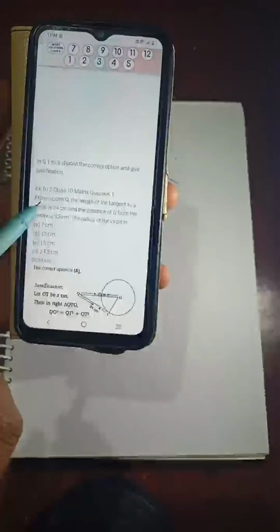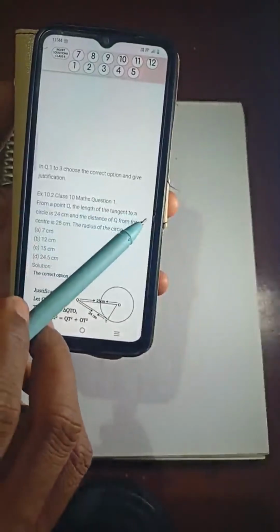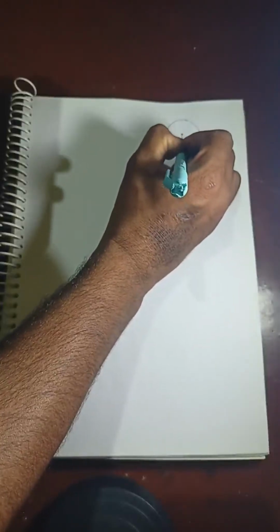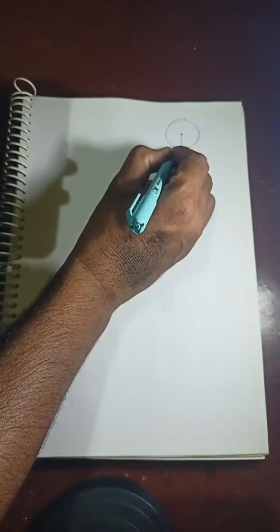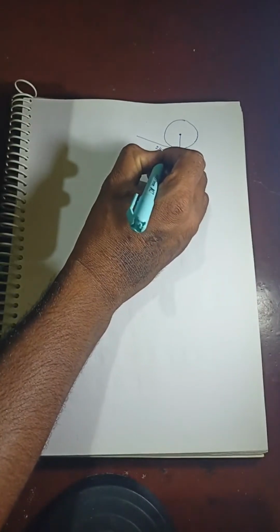Now see the question. From a point Q, the length of a tangent to the circle is 24 centimeters. See, this is the circle and this is the center. If you take a point like this, this is the tangent. The length of the tangent from the external point is 24 centimeters.